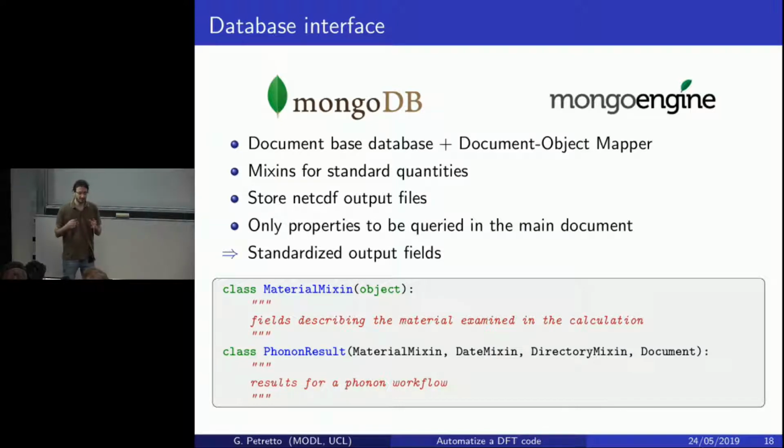I will not enter into the technical details of what exactly MongoDB is and why we decided on it. The idea that we had was to write our own objects for the MongoEngine framework, in order to standardize the keywords that are stored in the database between the different users and all the different workflows.